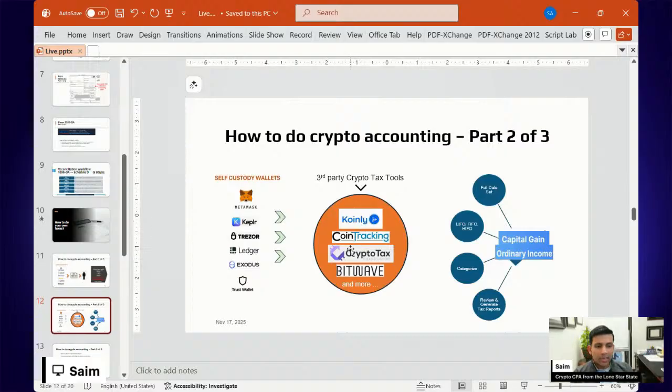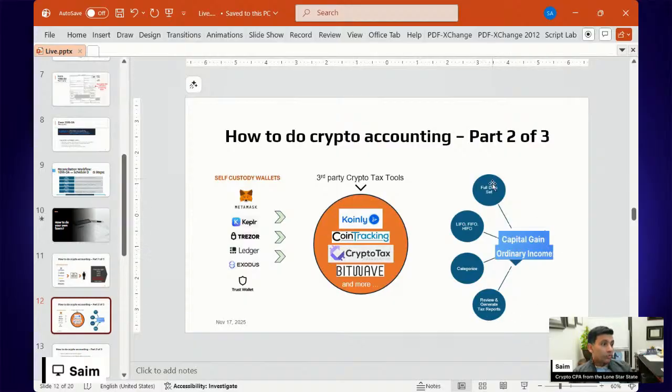But again, there are so many, and most of them are non-US based. As long as you know what the tax rules are, you need to read up on the glossary definitions of these tools. Then you can manage the tools. By picking the category, you will know which leads to a taxable event versus not, and you're matching it up. Then you can get that gain or loss.